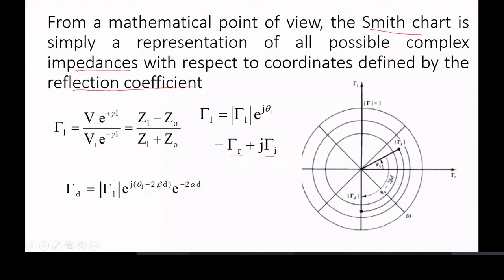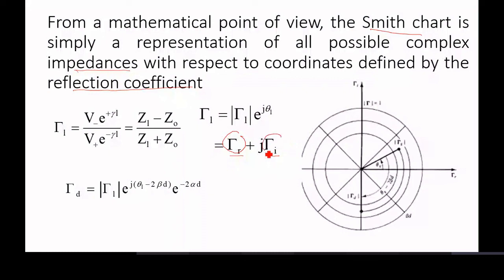So for different values of load impedances, complex impedance values, we will get different reflection coefficients. So the Smith chart is nothing but a simple representation of all possible complex impedances with respect to the coordinates defined by gamma r and gamma i.